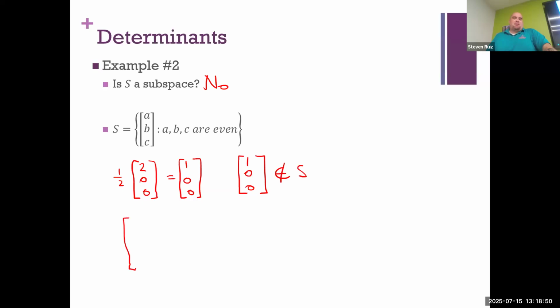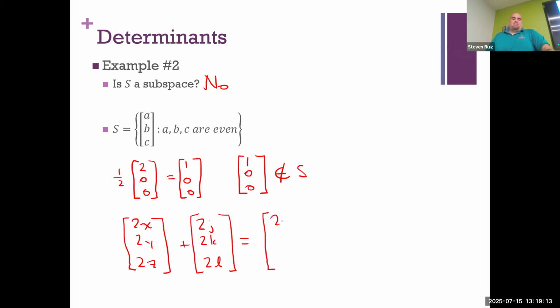Divisible by 2, right? So another way I could write A, B, and C is 2x, 2y, 2z. And if I add that to, I don't know, 2j, 2k, 2l. So these are just the most generic even numbers. Then I'll get 2x plus 2j. Is that even? Yep. Because I can factor out a 2.